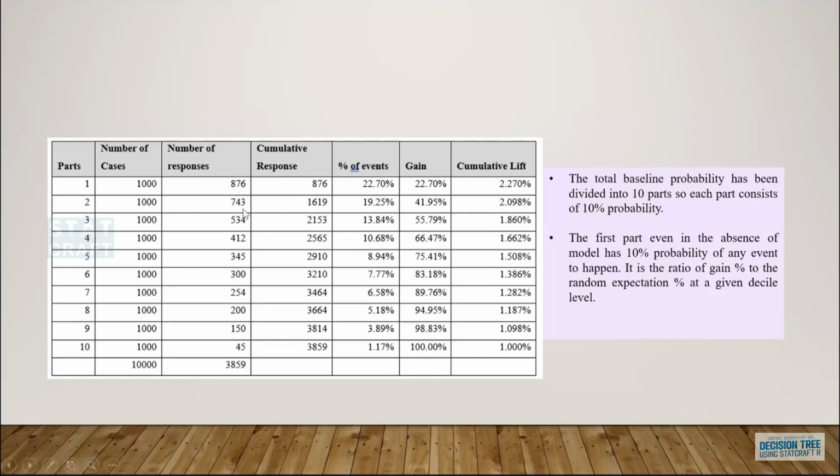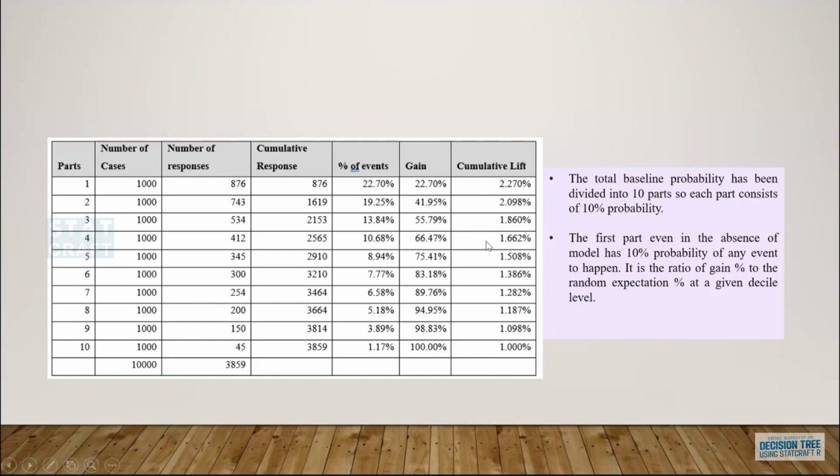Now, if I talk about the second part, 876 plus 743. I am repeating: if I don't make any model, what is the probability that the event will occur in a particular part? 10%. In the second part, 10%; in the third part, 10%; in the fourth part, 10%.